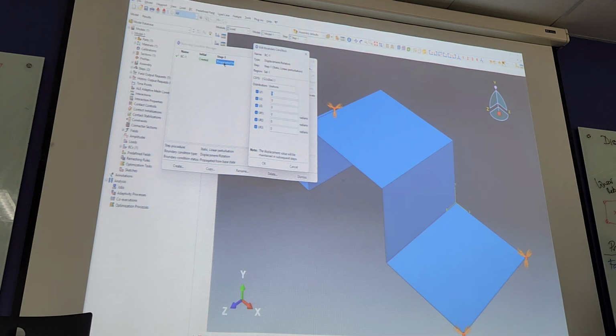What is a pin to start with? When you said pin as a boundary condition, what is it? Rotation is free. Translation is locked, but rotation is free. Yeah? So it means my 3D pin will free up rotations. Yeah?